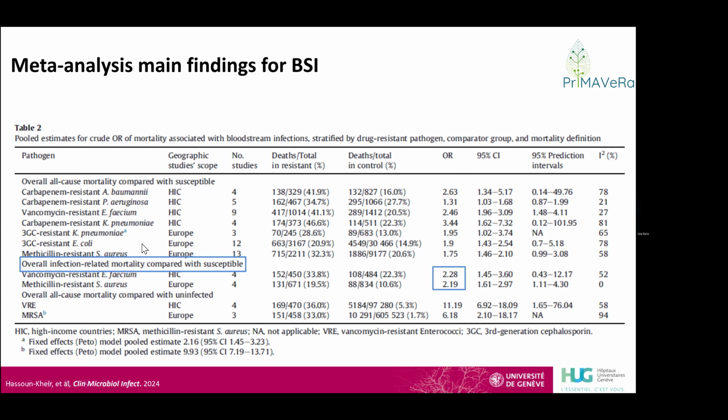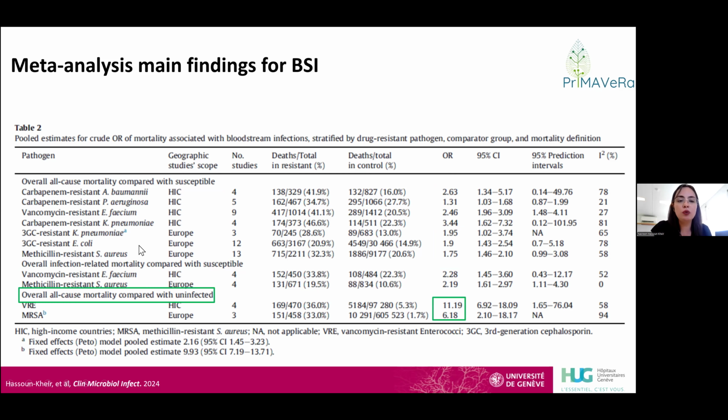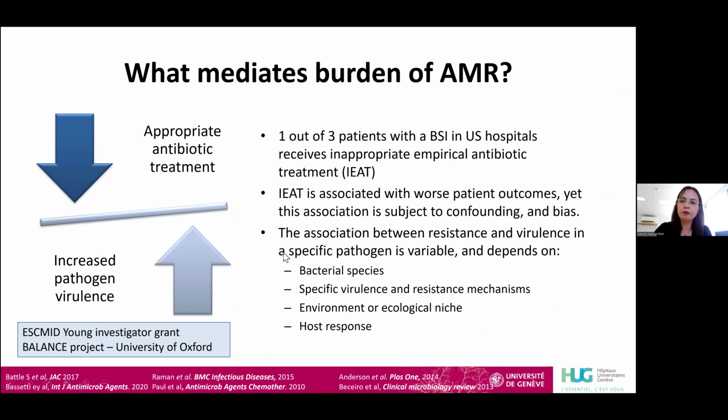When we look at infection-related mortality, the data is very scarce, but it's almost doubled, plus the odds for mortality. But when we compare outcomes of patients, mainly all-cause mortality, with resistant infections compared to uninfected individuals, you see that the scale of the numbers changes, and VRE is associated with 11 times higher mortality, and MRSA with 6 times higher mortality.